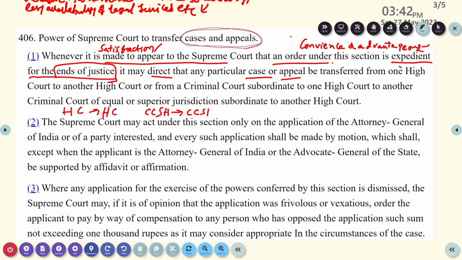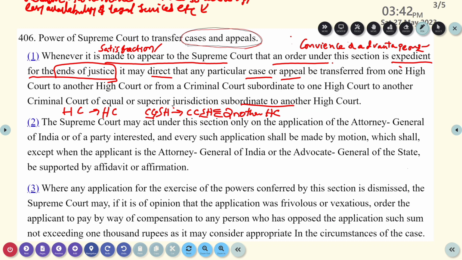Another criminal court also should be subordinate to a High Court, but it may be of equal or superior jurisdiction. But it should be subordinate to another High Court.